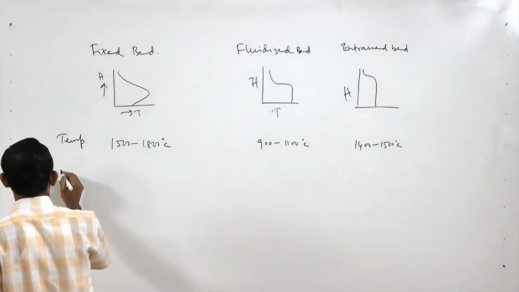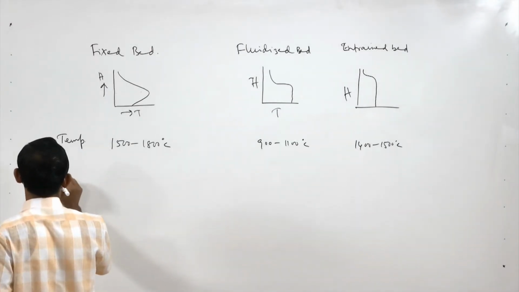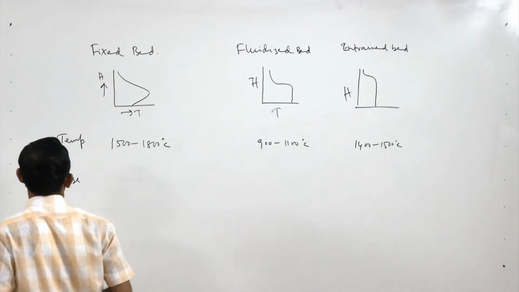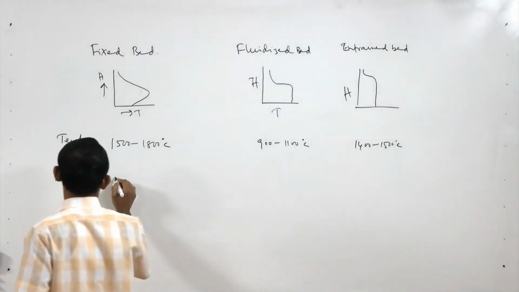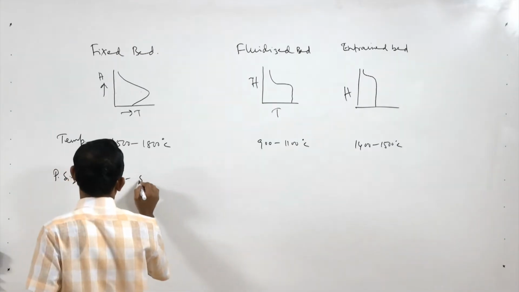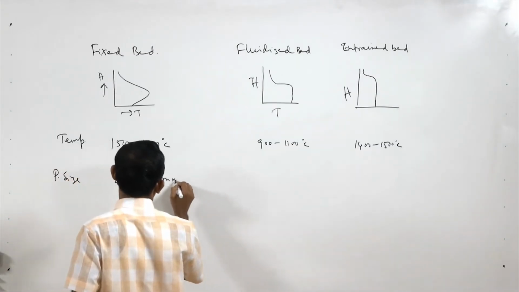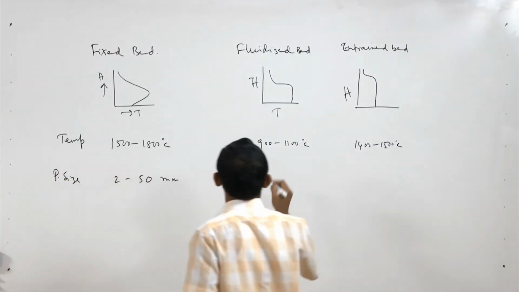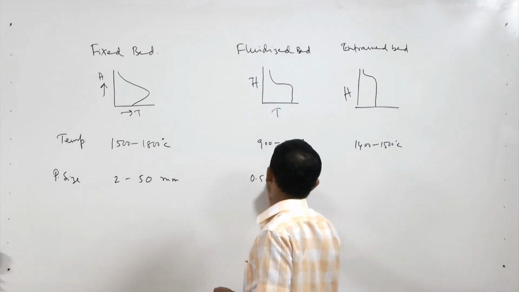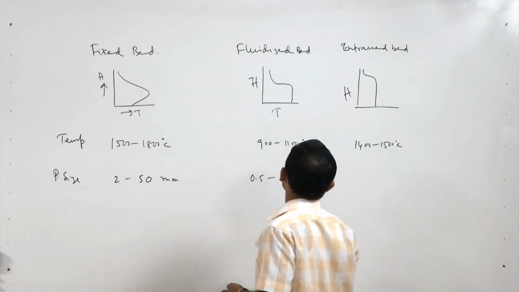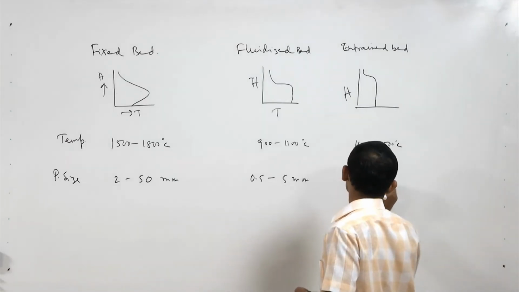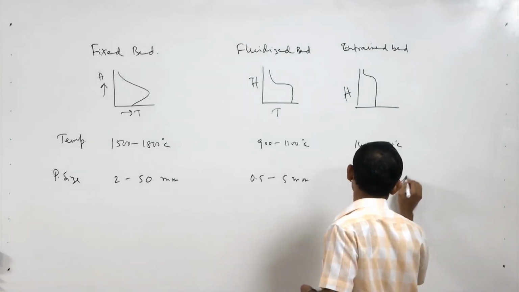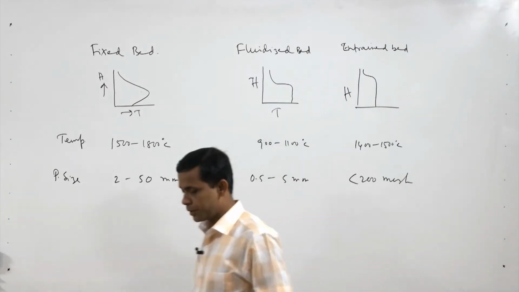If we think about the particle size, then particle size for fixed bed is bigger, say 2 to 50 millimeter. For fluidized bed 0.5 to 5 millimeter, and for entrained bed this is less than 200 mesh, that is around 70 micrometer.